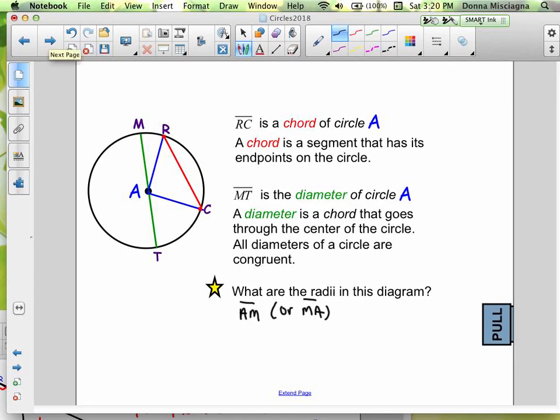We have another radius, radii would be the plural, another radius at AT, and we can call it AT, or we can call it TA. Doesn't make a difference.